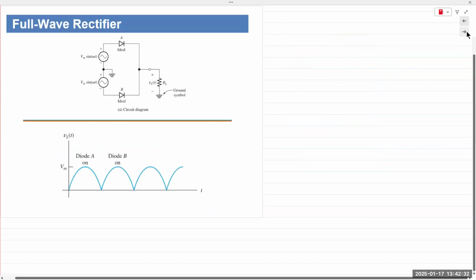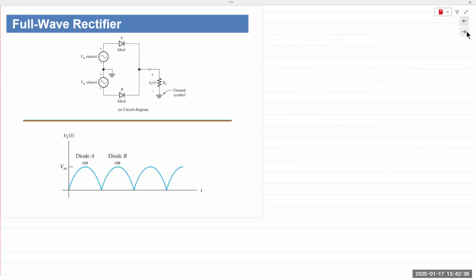This is a full wave rectifier, which is far better. And this also is not very popular for the reason that it requires 2 separate supplies. Now, in real life, it would not have been 2 separate supplies.